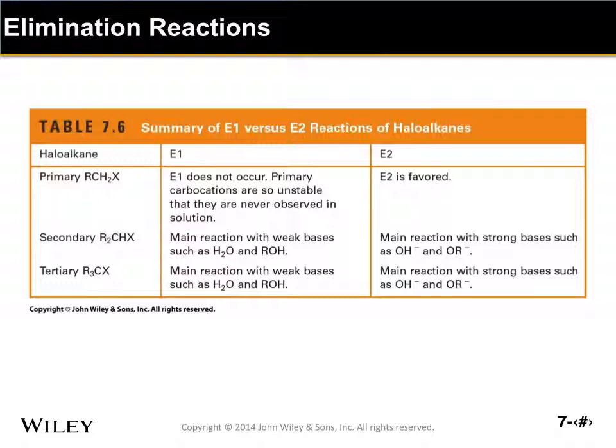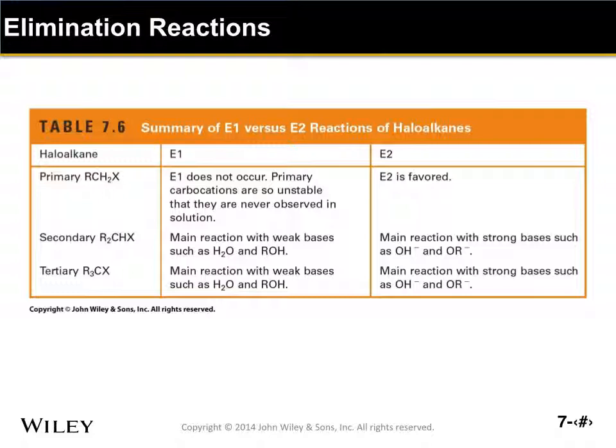The strong bases are those oxygen anion bases. We're going to see nitrogen anion bases that we could use for E2. Mostly what we want are the anions, oxygen or nitrogen, that are sterically hindered, so that they don't do the SN2 reaction, because that's a possibility as well.